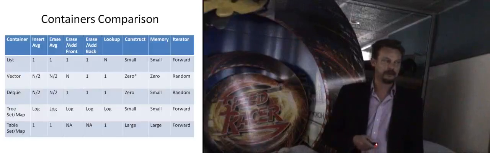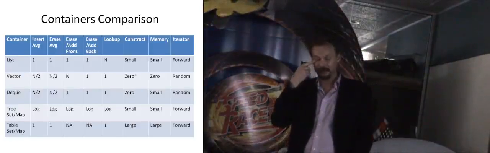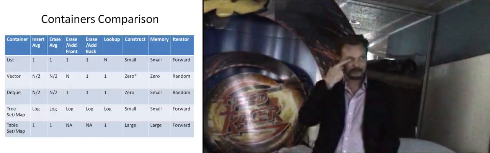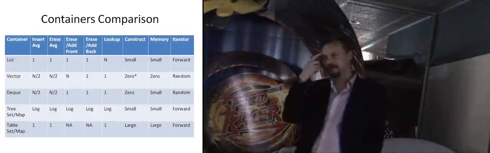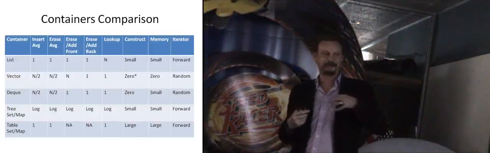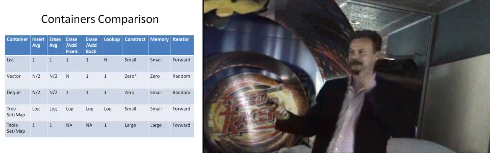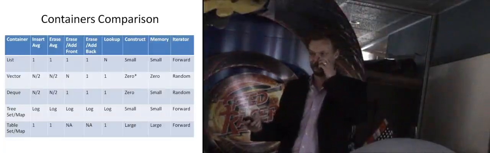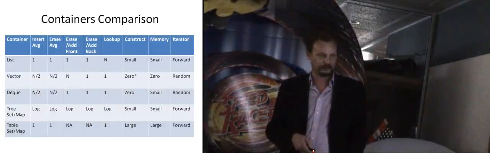For the front and back operations I say not applicable, and I originally had ones in there, but they're unordered, so unless you already know what's in there and why, you don't go around inserting and removing. You don't insert into the front of a hash table, right? You don't pop the back of a hash table. That isn't really how you use it. It doesn't make any sense. So I just say these are not applicable.